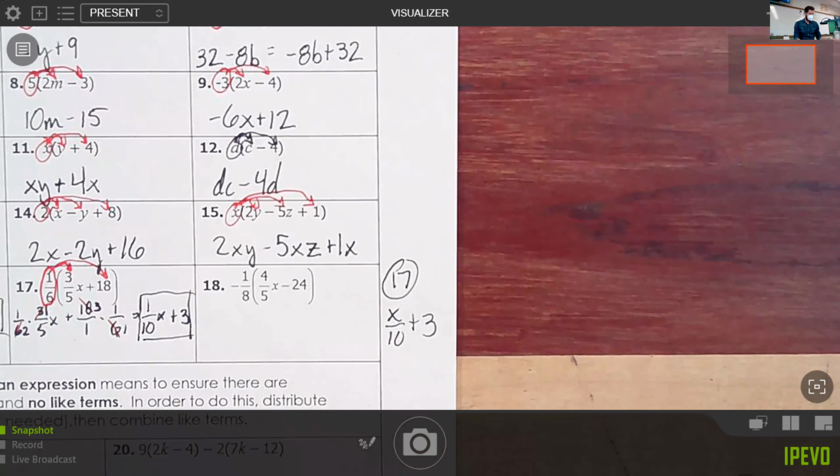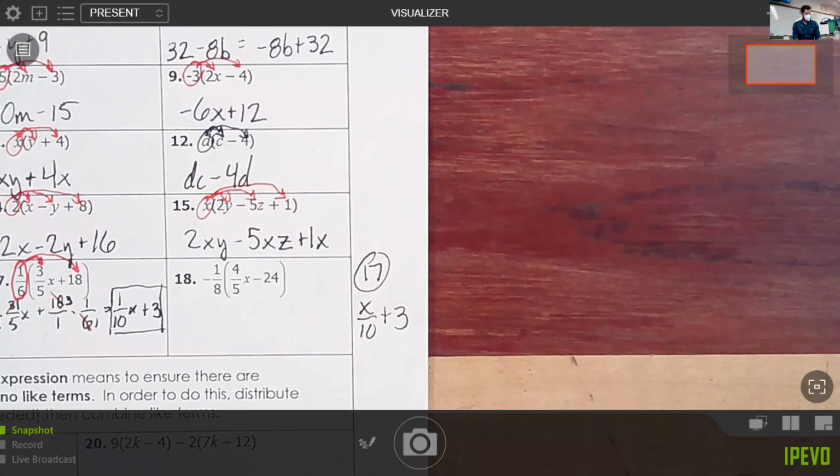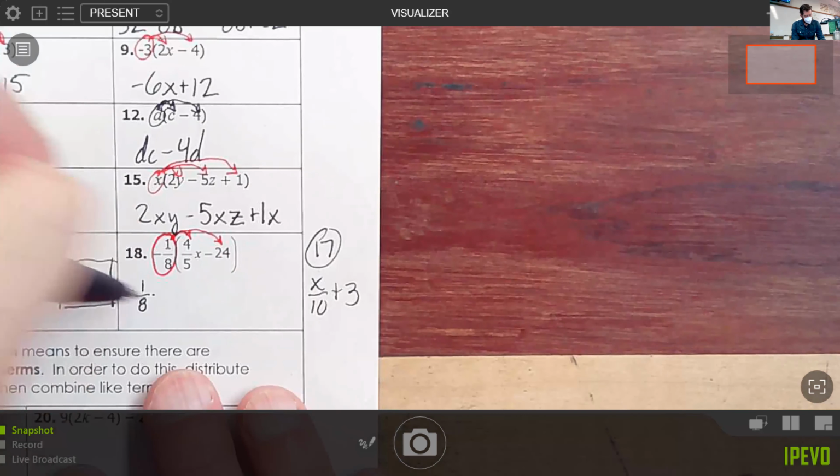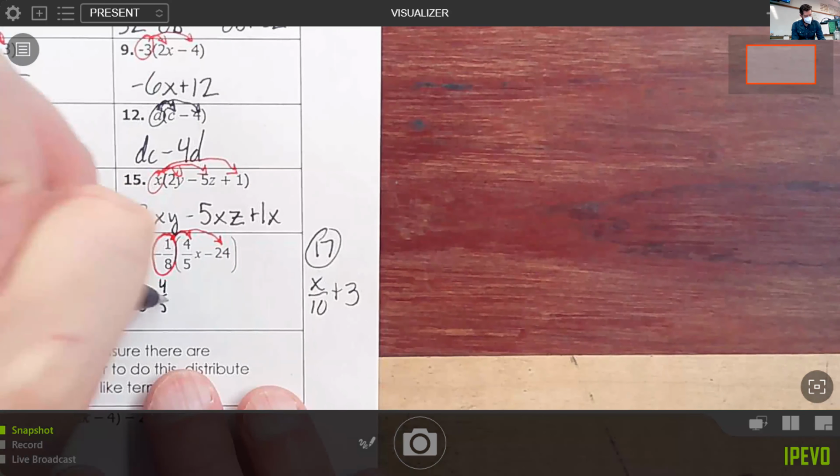All right, last one of these regular ones up top, and then we'll do a little bit more down here at the bottom. So we get -1/8 times 4/5 x plus -24. All right, so that's -1/8 times 4/5 x. And then I'm going to do -24/1 times, I'm going to put this in parentheses, -1/8.